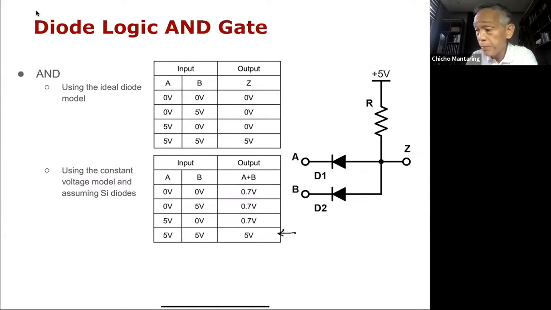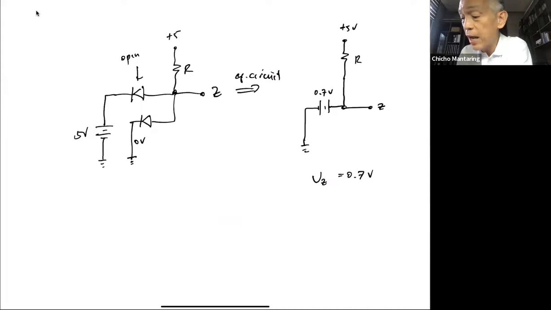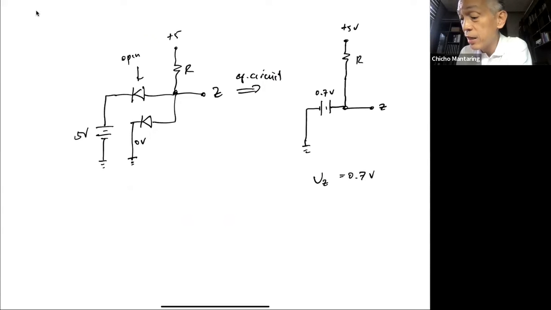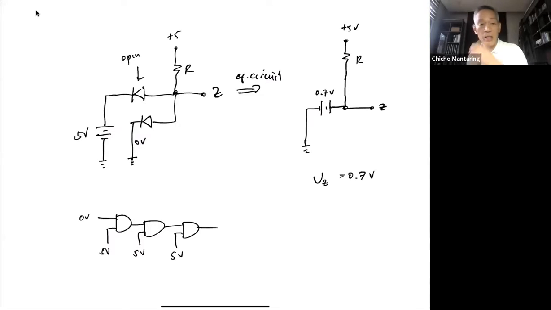Every time you cascade AND gates together, at first the 0 is 0, then it becomes 0.7, and then it gets an additional 0.7, becoming 1.4. Eventually, if you have AND gates cascaded together, let's say this is 0 volts, this is 5 volts, this is 5 volts, and this is 5 volts.